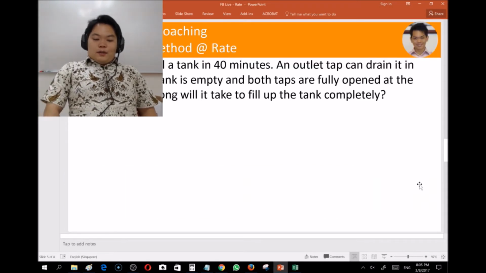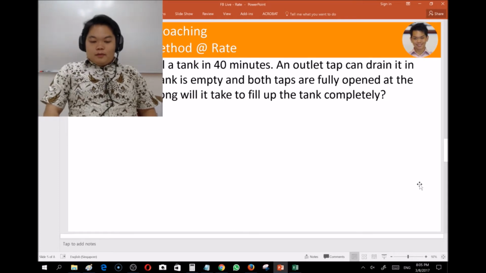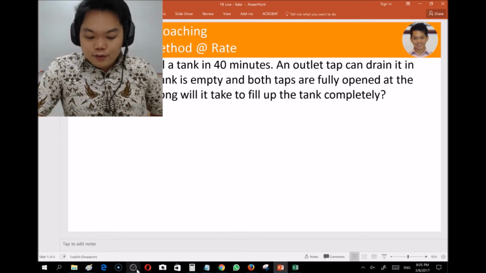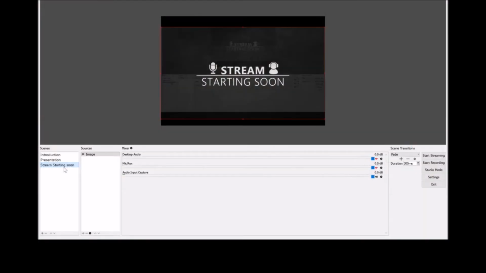Alright, let's talk about the first example. Let's start with something simple. An inlet tap. Okay, let me change the thing first.